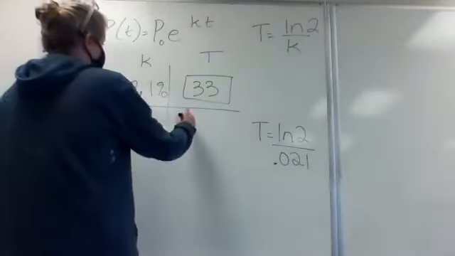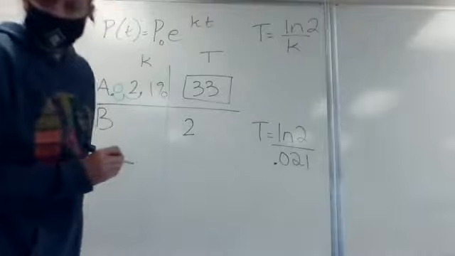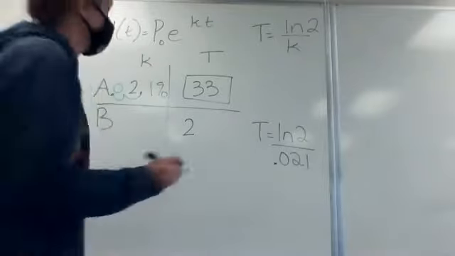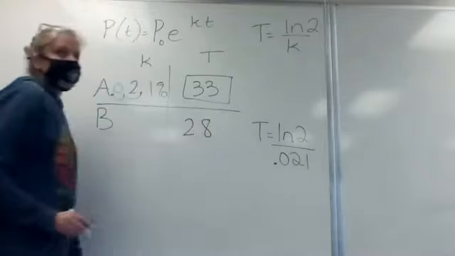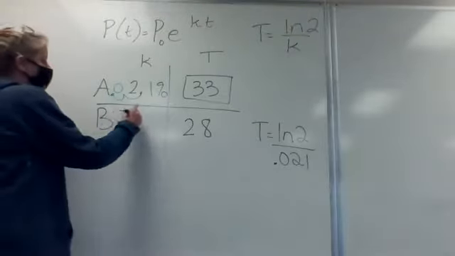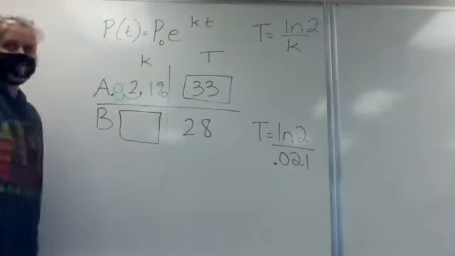Country B tells us that it takes 28 years to double the population. What is the rate?